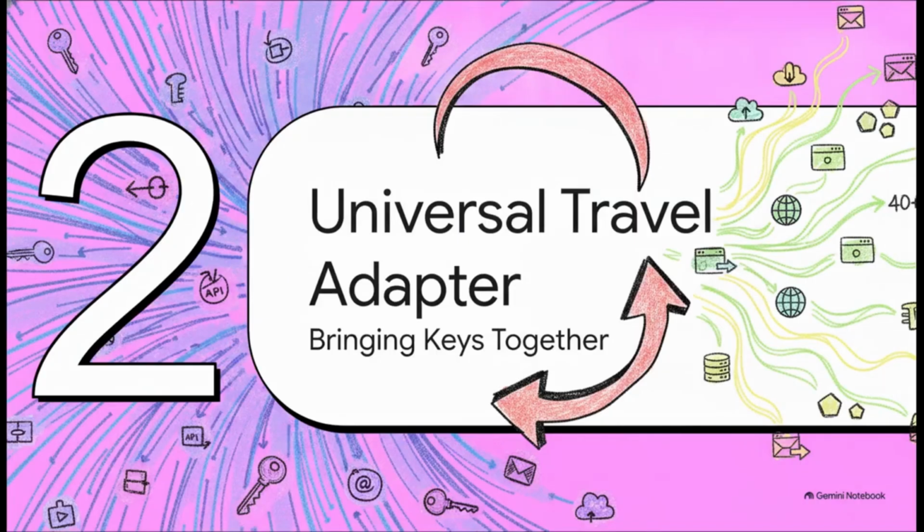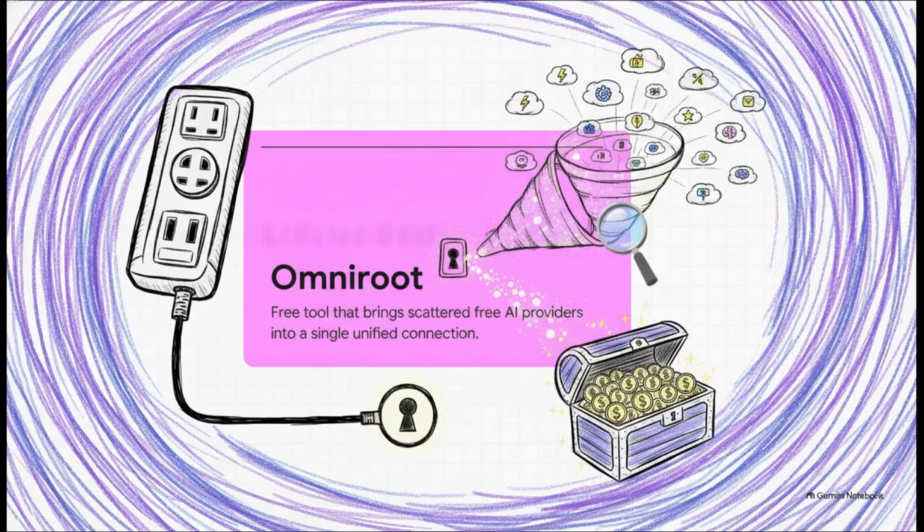Moving on to Section 2, the universal travel adapter, bringing scattered keys together. So here's the thing. Major providers are currently handing out these engines for free just to get people hooked. But the real headache is trying to access 40 different scattered websites without completely losing your mind. Enter Omniroot. This tool is brilliant. It acts exactly like a universal travel adapter.